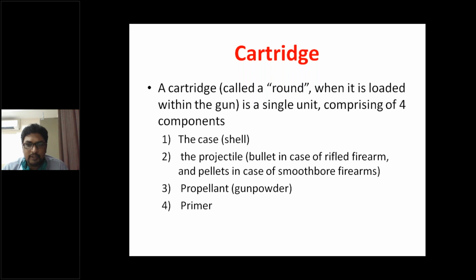It is a single unit comprising 4 components. Number 1, the case, which is the shell; number 2, the projectile, which is the bullet in case of rifled firearms and pellets in case of smoothbore firearms; number 3, the propellant, which is nothing but the gunpowder; and number 4, the primer.